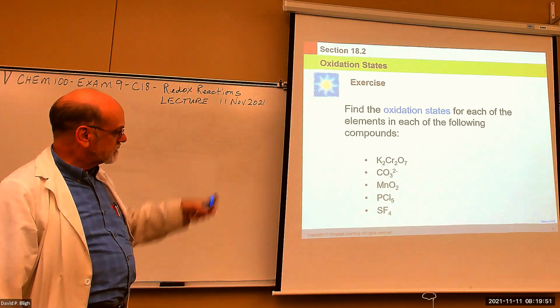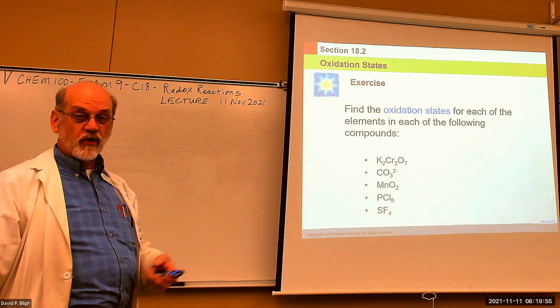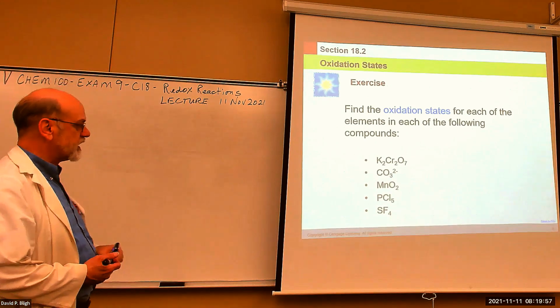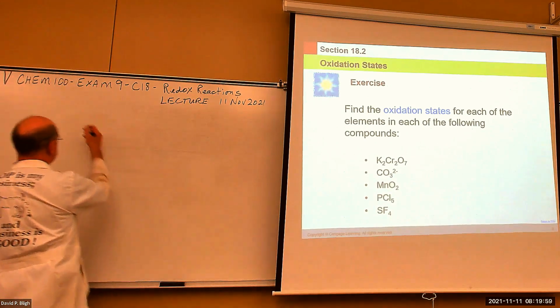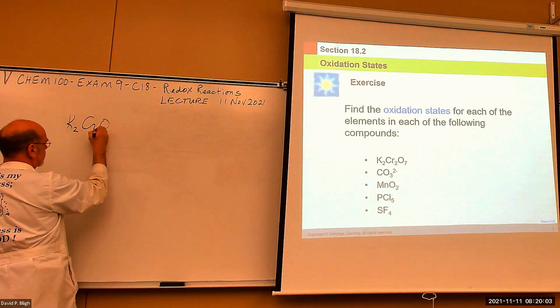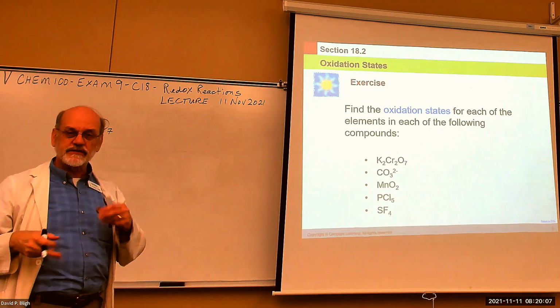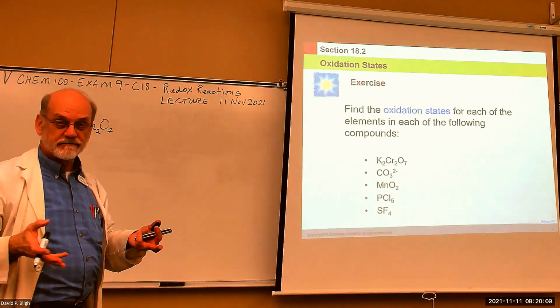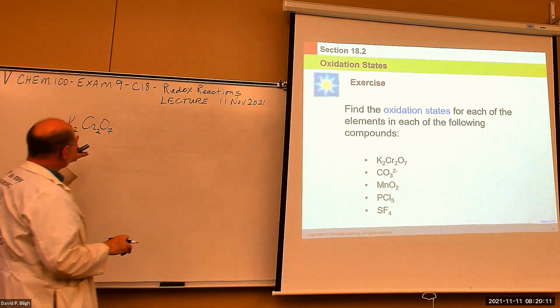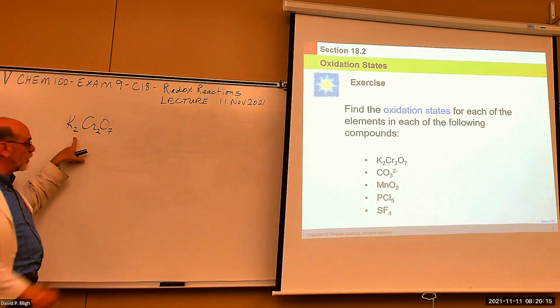So let's look at this example, which is potassium dichromate. What are the oxidation states for this one? You can approach this a couple of ways. Potassium is an alkali metal, so it's always going to be +1.